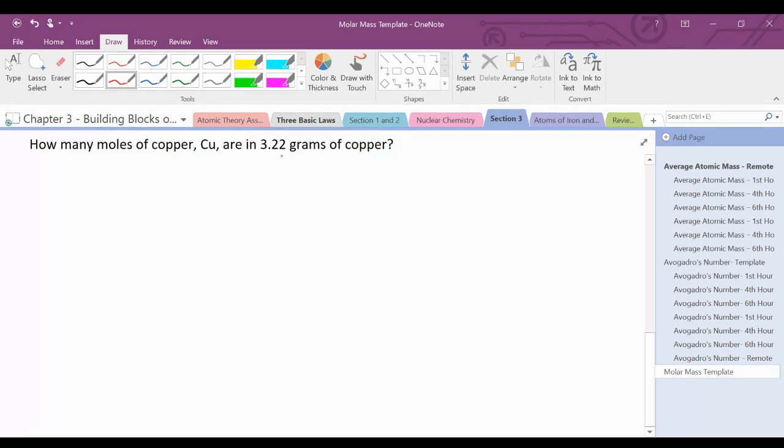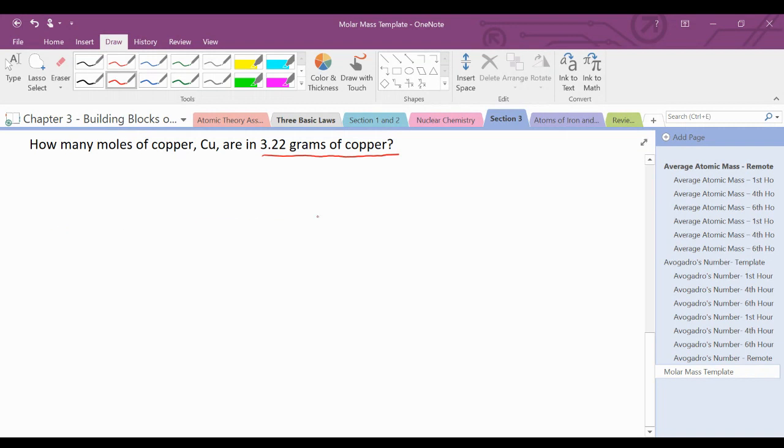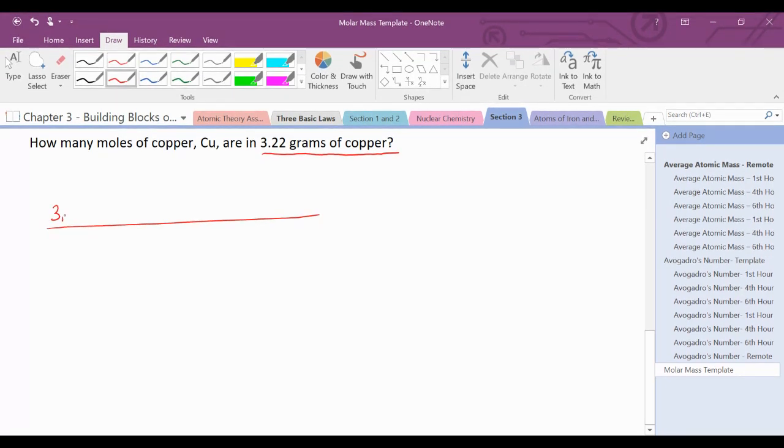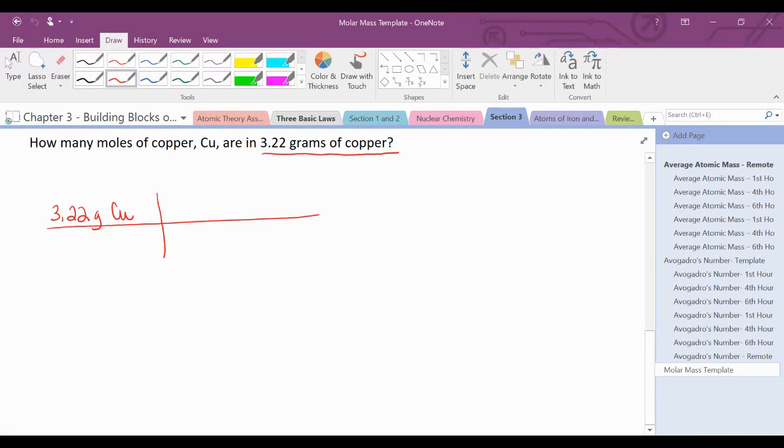So my 3.22 grams of copper is going to be my given. Now, just as a reminder from our earlier discussion, we're going to think of moles as a base unit. So if moles appears in the question, then that tells me we only have one conversion factor.